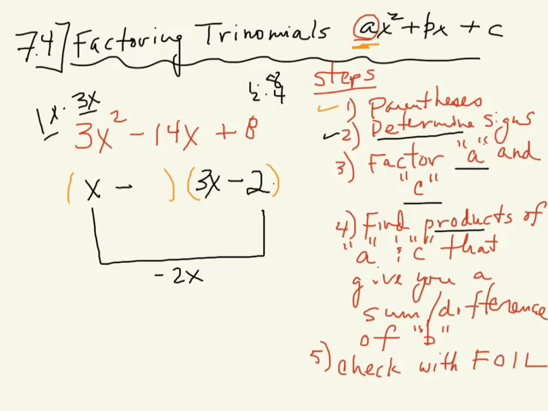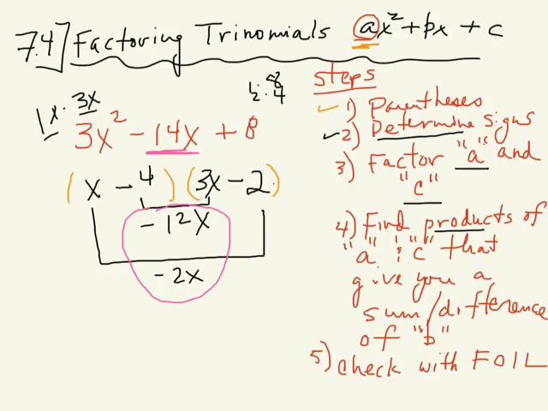And then we also multiplied 3x times 4. So I'm going to put this 4 right here. Negative 4 times 3x. What's that give you? That gives you negative 12x. And look right here. What's that give you? It should give you that middle term, negative 14x, and it does.